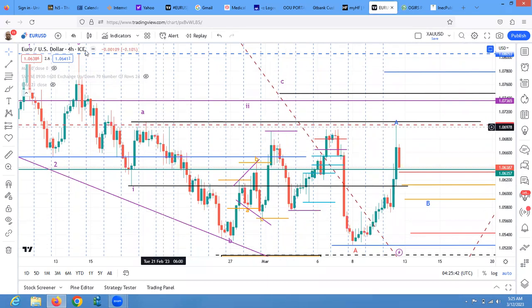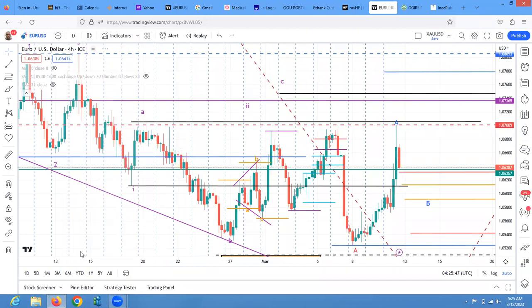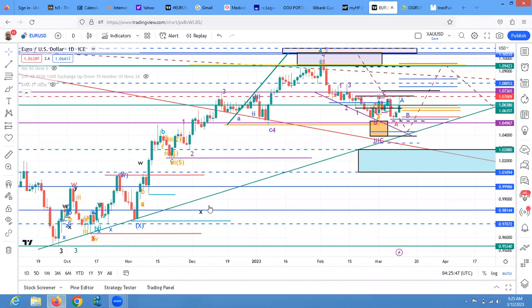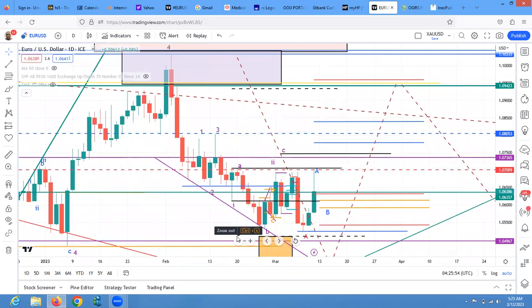But let me go to the daily to see what I can see here. On the daily now, these are the areas I can look for price. When you look at this week here and the price action here, where the limits are, I might be looking at those areas.